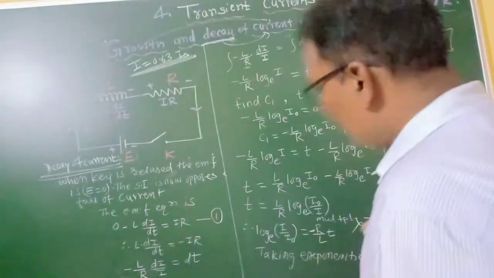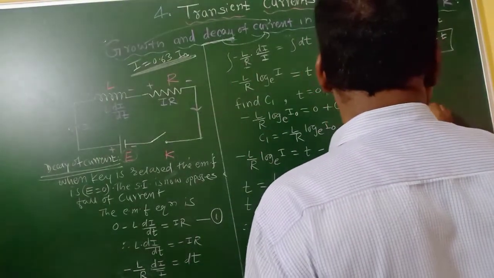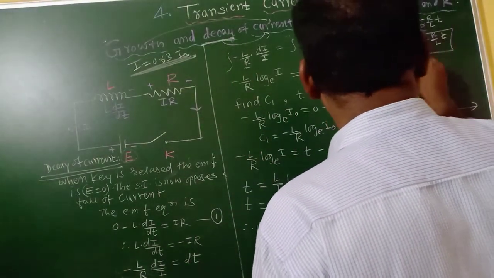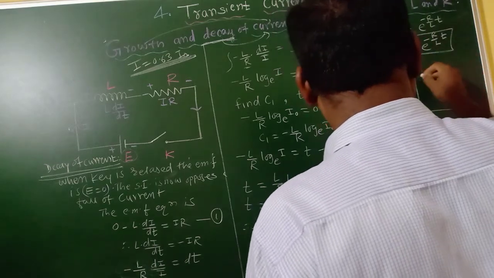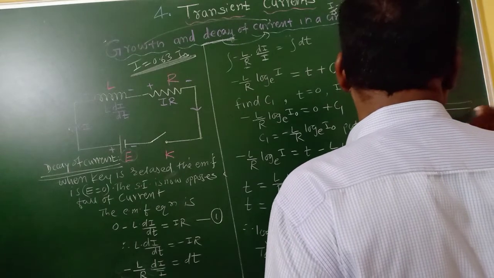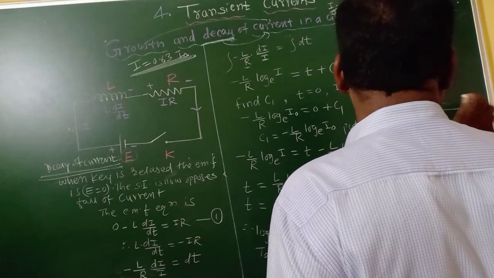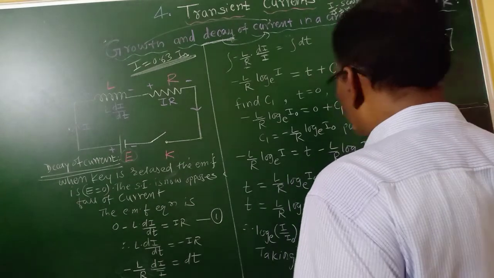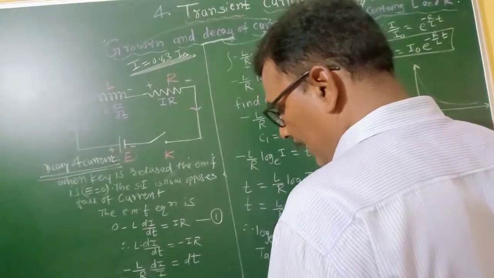The graph of the circuit can be given in this way. The growth is lying like that, and for the decay of the current you have to observe this type of graph. Here is the decay of the current.